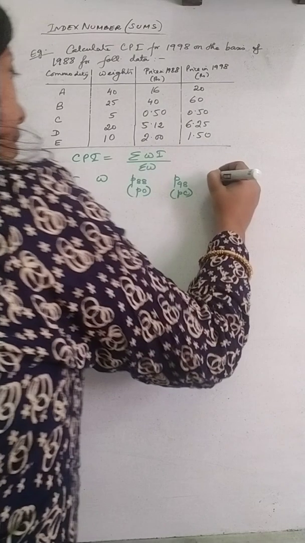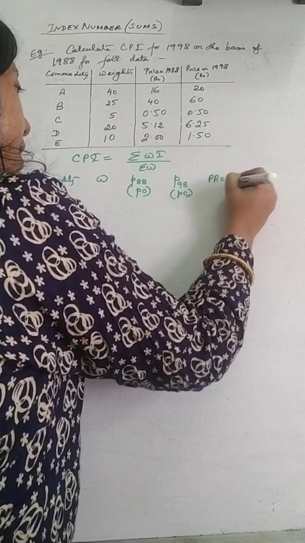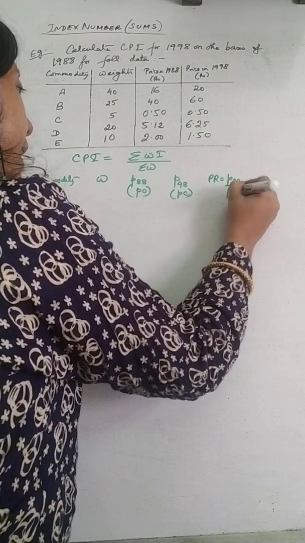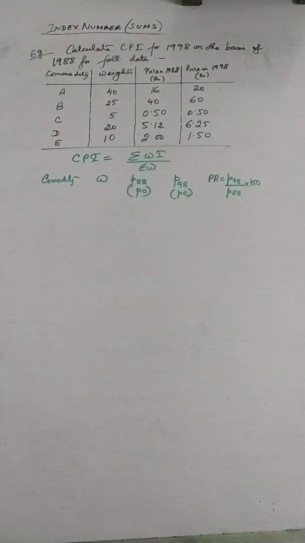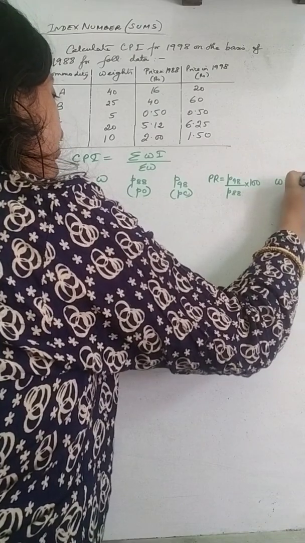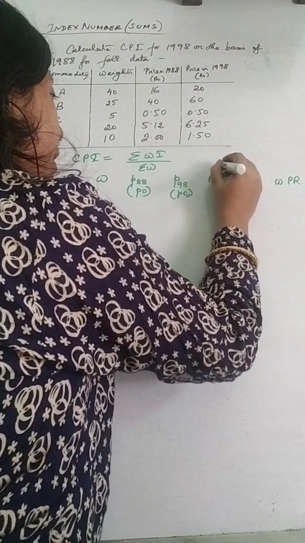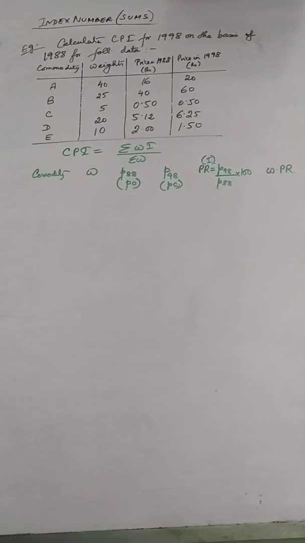PR is P98 by P88 into 100. That will give you your PRs. And finally, this column over here, W into PR or W into I. This is acting as your I, so it will be W into PR. So these are the columns that are needed. Let us draw the columns and fill them up.